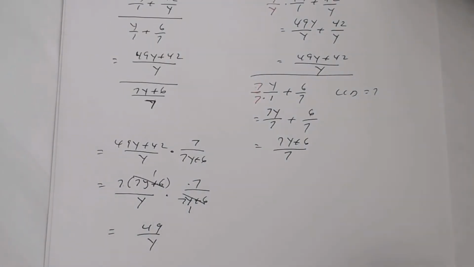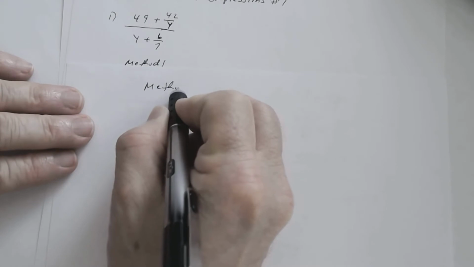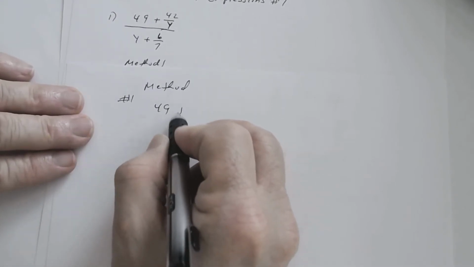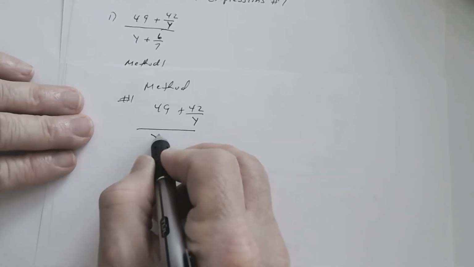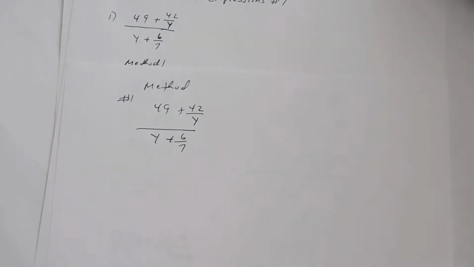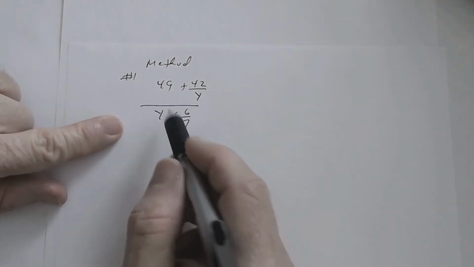All right, method 2. So method 2 is where, let me go ahead and rewrite the problem over. So this will be method 2 for number 1. And so I have 49 plus 42 divided by y, and that's being divided by y plus 6 divided by 7. Okay, what I'm going to do first is rewrite 49 and y as a fraction.